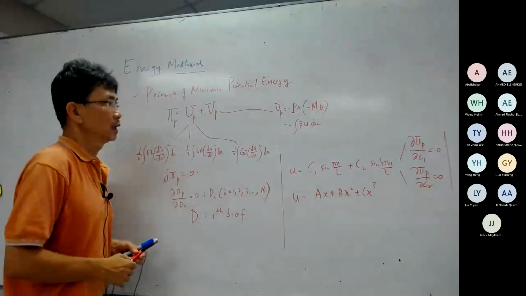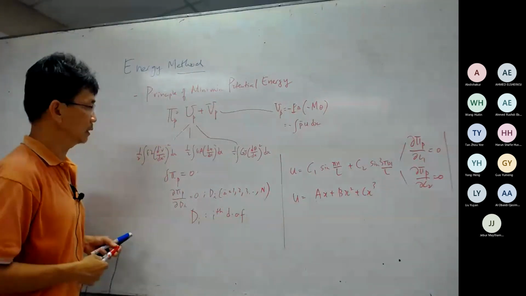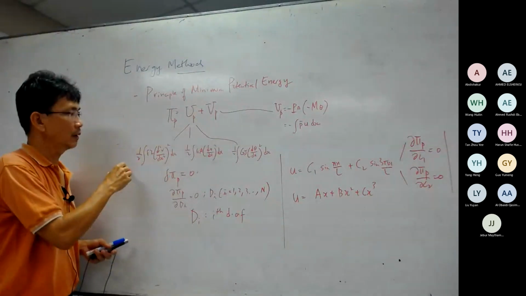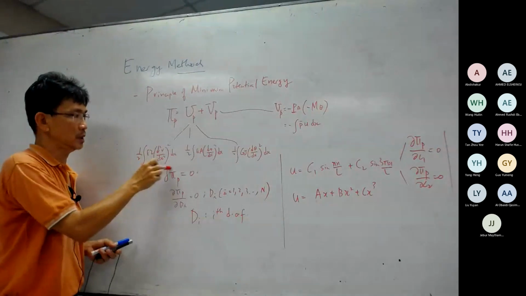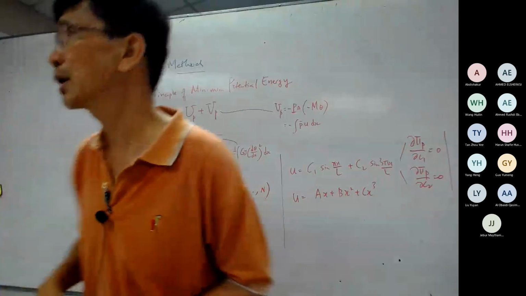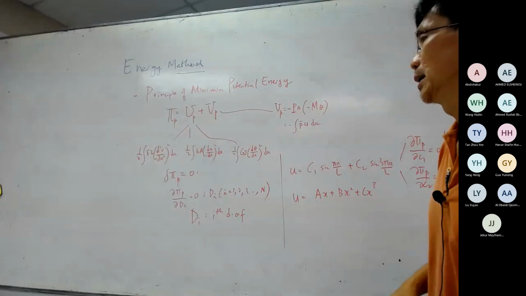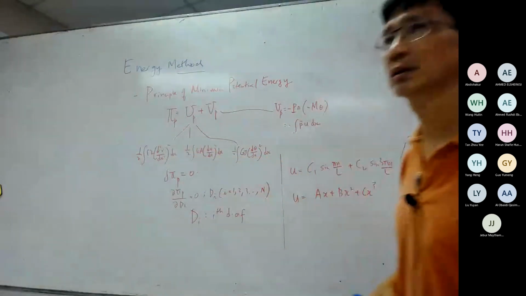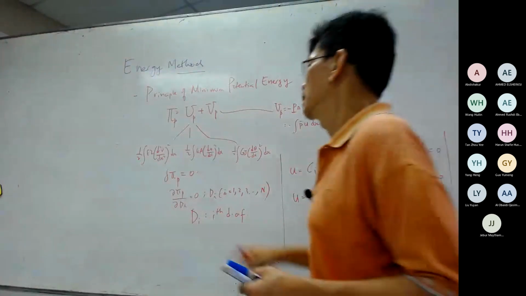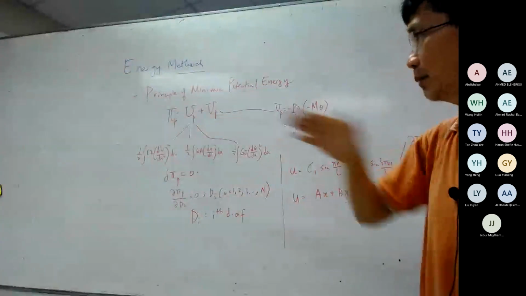Now, these are the main things that you need to know in the energy method: the expressions for strain energy. The beam problem is this, the bar problem is this, and this is twisting, which we don't cover so much. So the bar problem is this, the beam problem is this, and this is the lateral displacement of the beam that we assume, and U is the axial displacement for the bar problem that we assume.